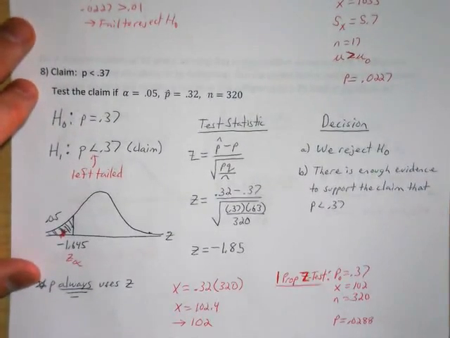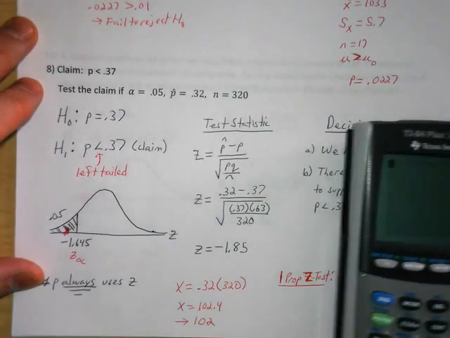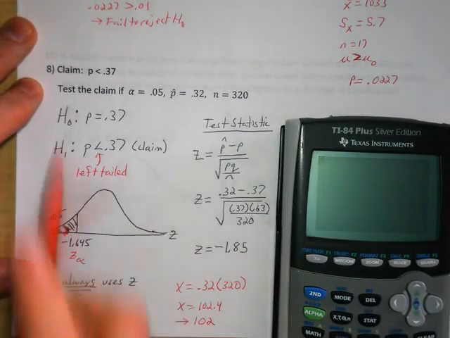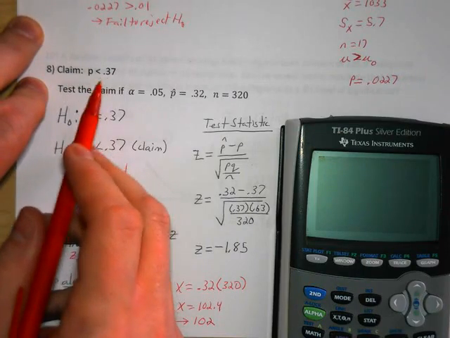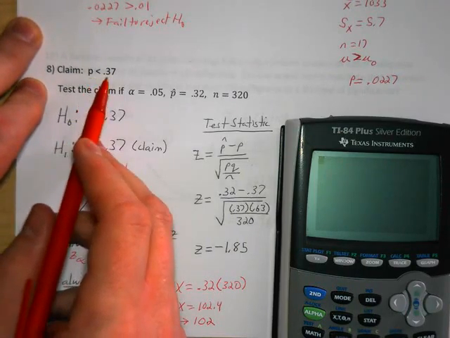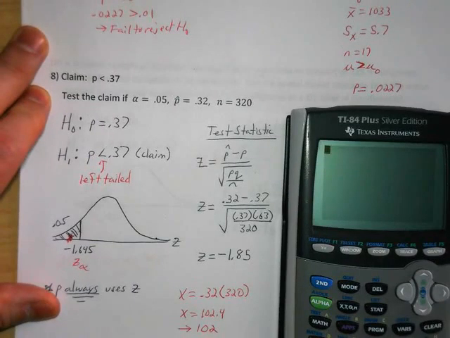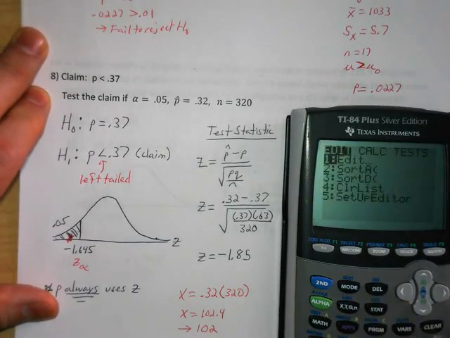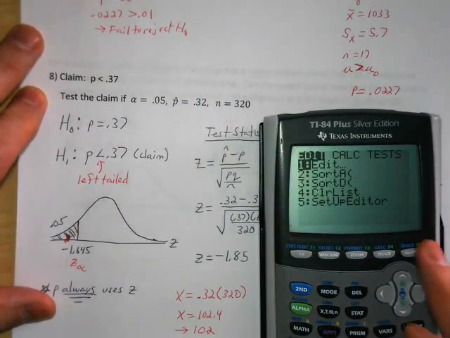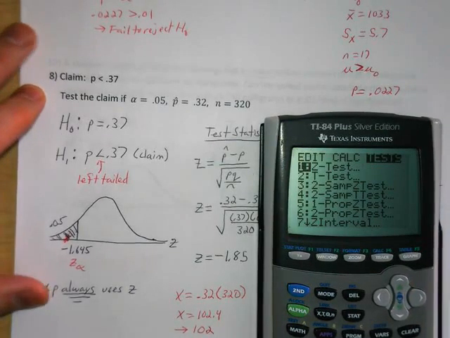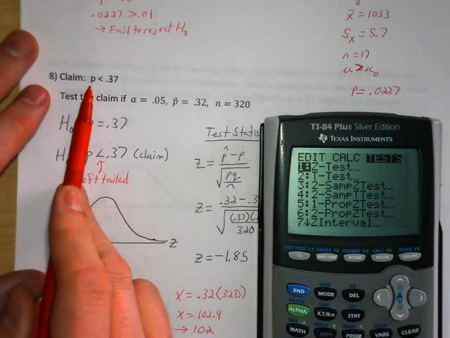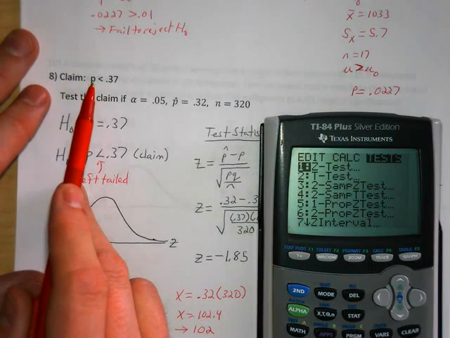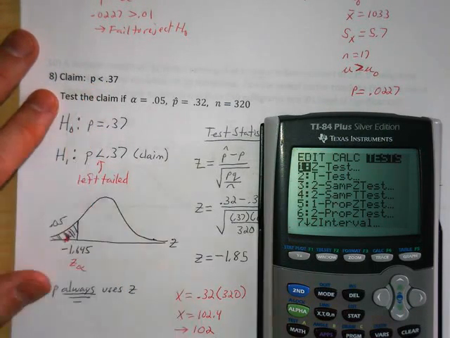The last one I'll do is number 8 with you, because this one's a little bit different and a little trickier. This one, we're looking at the probability that your population proportion is less than 0.37. So here, when we go to our stat and the test, because we have a proportion, remember that always uses z.